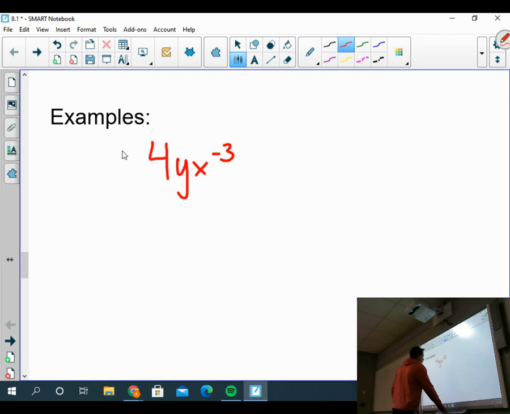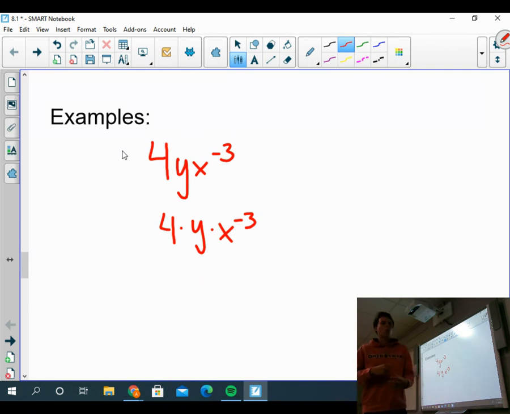But in order to solve it, let's understand what's happening here. What do I mean by 4yx to the -3rd? Well, when numbers are just next to each other and there isn't an indicated operation in between, what we can assume is that they are being multiplied together. So really what this says is I have 4 times y times x to the -3rd.